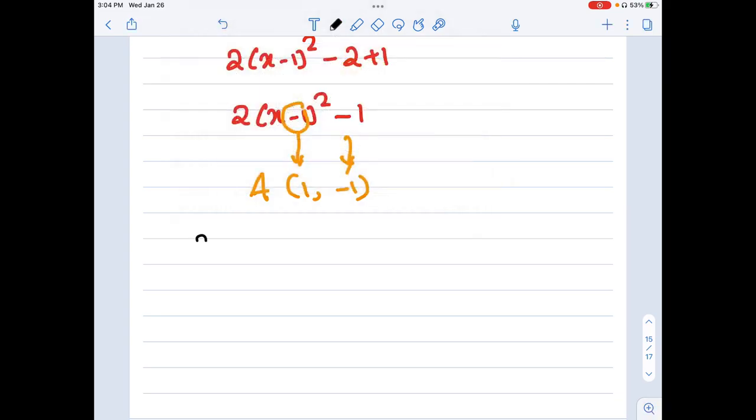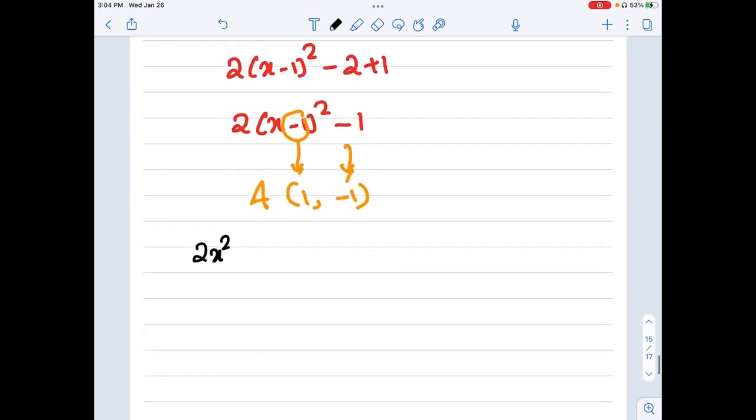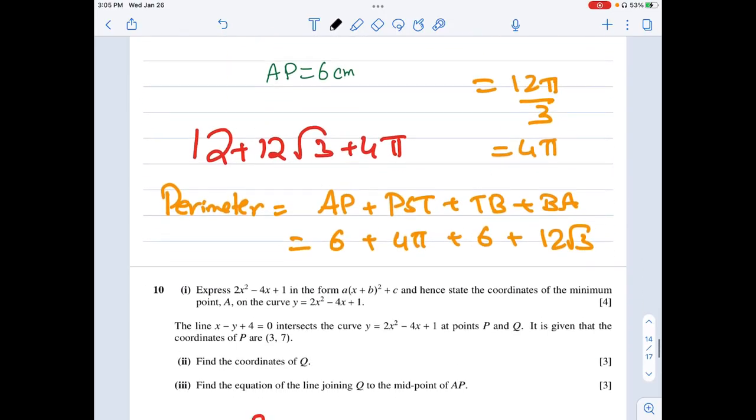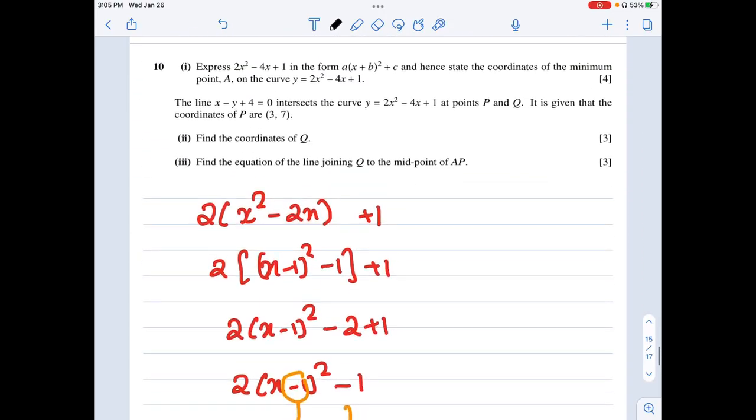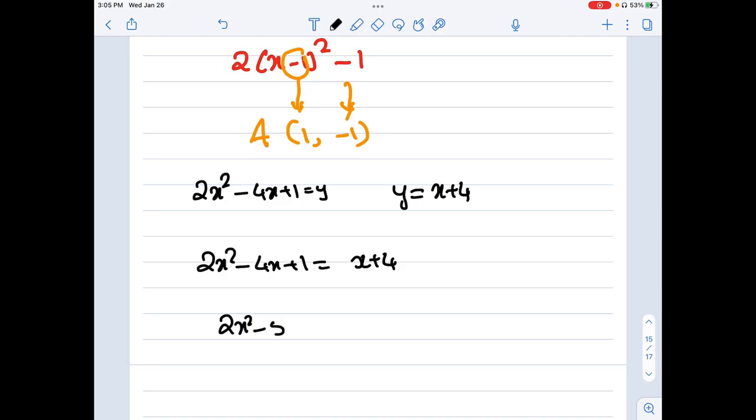The equation of the curve is 2x square minus 4x plus 1, and another equation is the straight line y equal to x plus 4. These two intersect, so 2x square minus 4x plus 1 should be equal to x plus 4. So it becomes 2x square minus 5x minus 3 equal to 0.